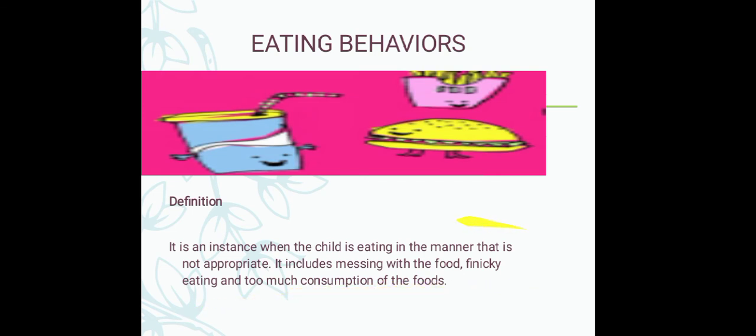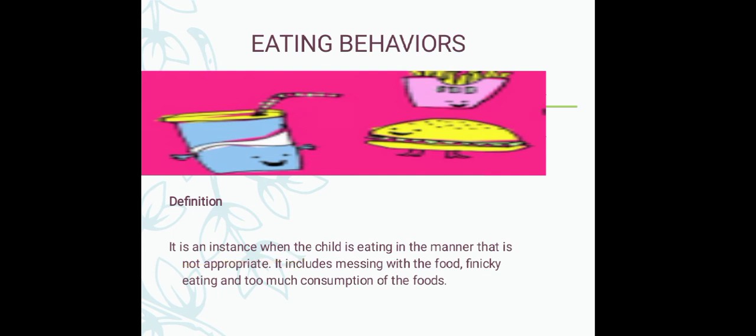Jadi tabiat makan yang tidak baik bukan hanya daripada jumlah makanan yang diambil, tetapi termasuk juga manners, perangai kanak-kanak terhadap makanan yang tidak sesuai. Perangai ataupun tabiat yang tidak sesuai ditunjukkan ketika berhadapan dengan makanan.